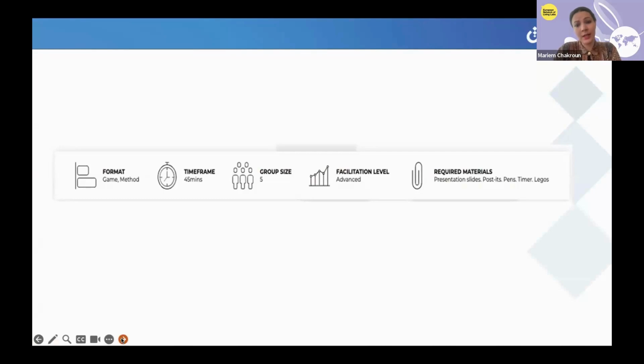Here, the facilitation level is advanced because we need a skilled facilitator for this co-creative activity. And for this tool, you can also have a certification by a certification body. And you can find the required materials from the presentation slides: the post-its, pens, timers, and of course, the Legos.